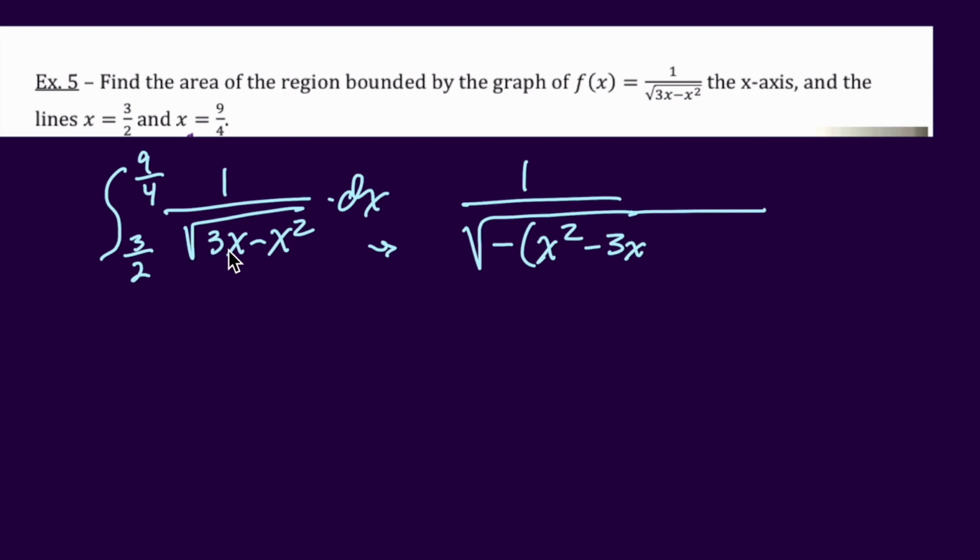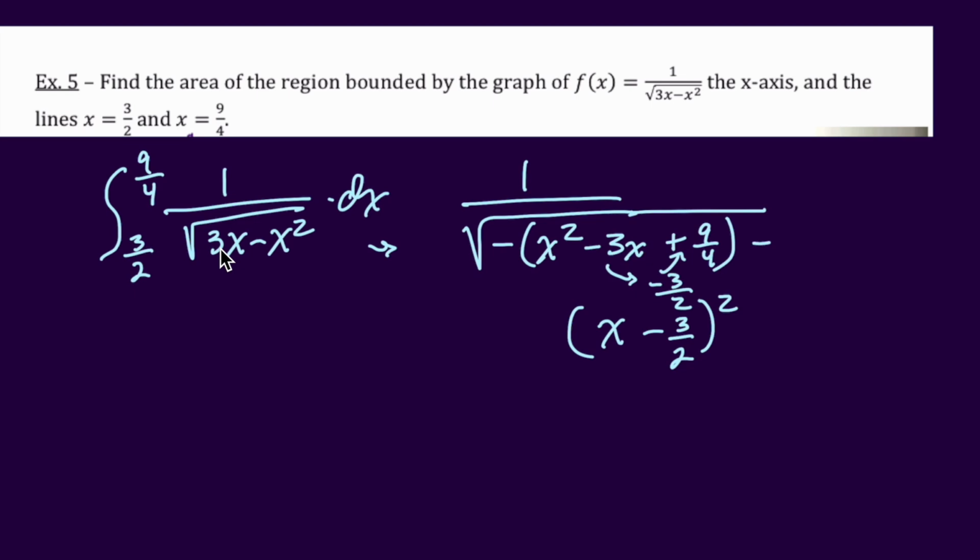Okay, so let's complete the square here. We're going to have a drop-down number here, which would be, we're going to have an x. We're going to drop down minus 3/2, like so, squared. And then we're going to add 9/4 here.